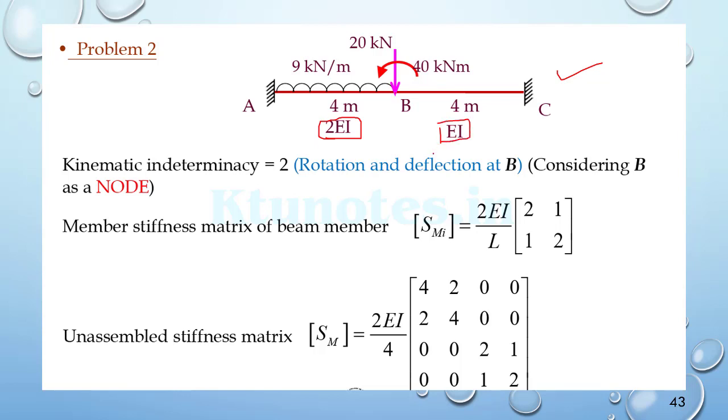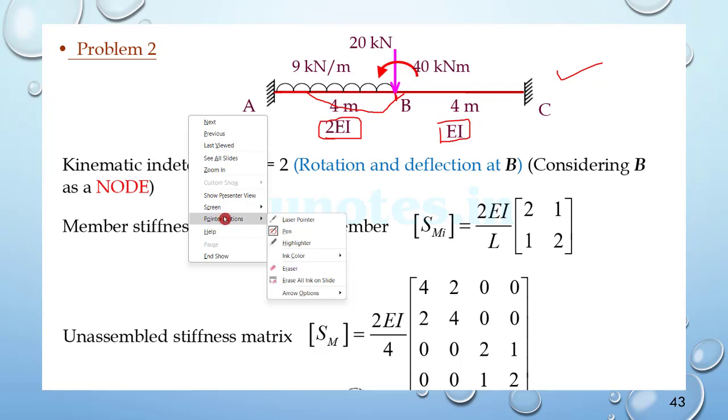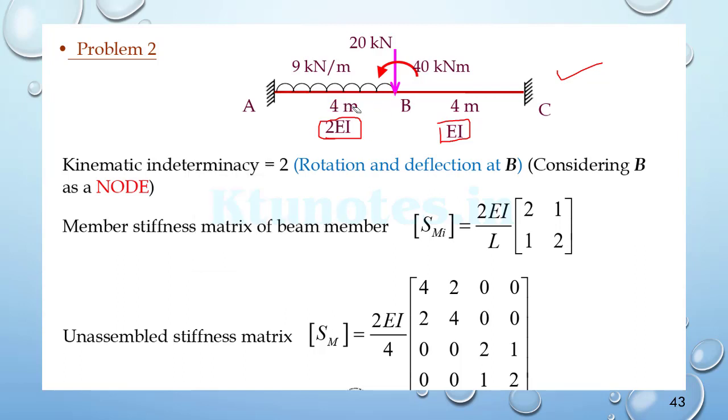So the total kinematic indeterminacy will be the vertical deflection. The beam will bend like this on the action of the load.